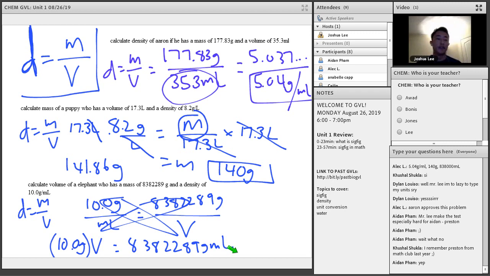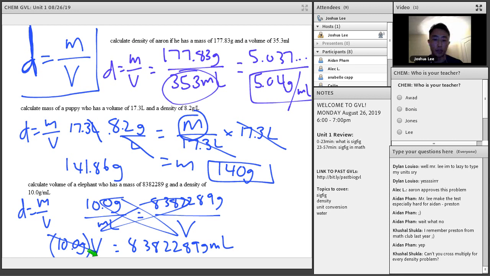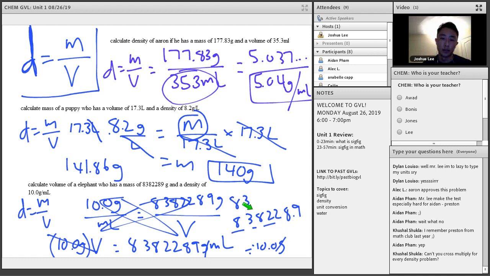Then the last thing you can do is divide both sides by 10.0 grams. The grams cancel out, leaving you with 83822.8, but you want 3 sig figs, so the answer is 838,000 milliliters. It's good. So that's just some density problems.